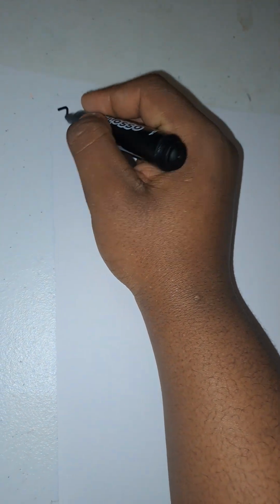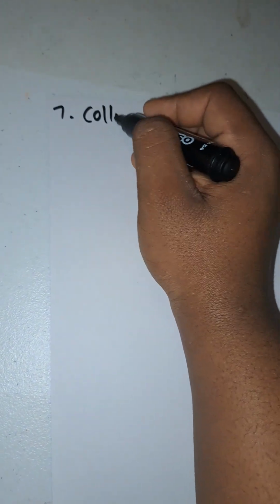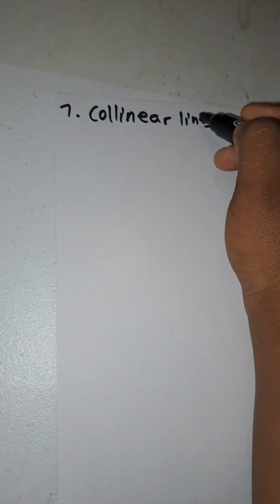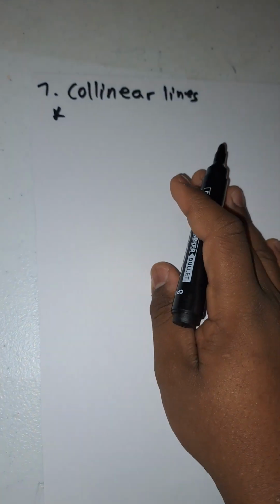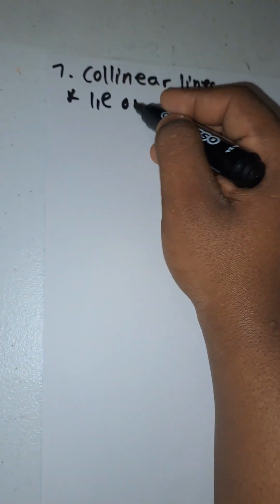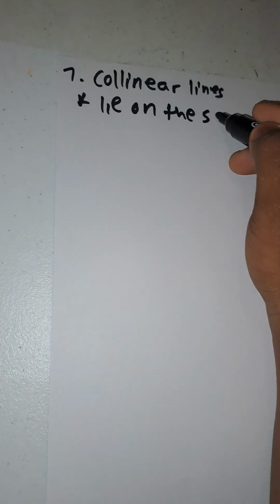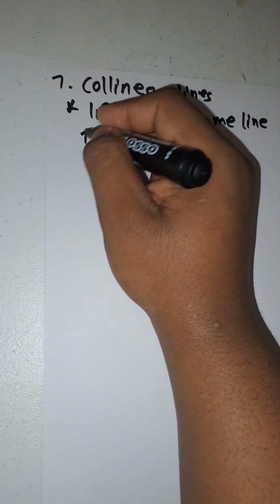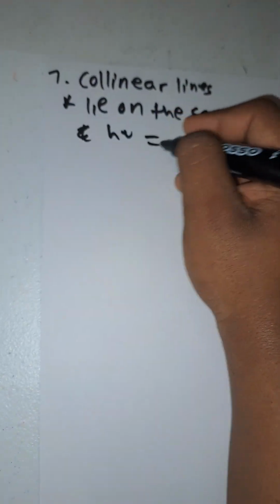7, collinear lines. These are points which lie on the same line, and they have equal gradients.